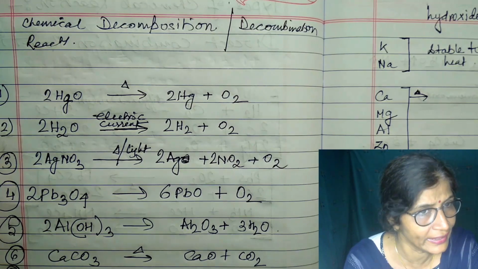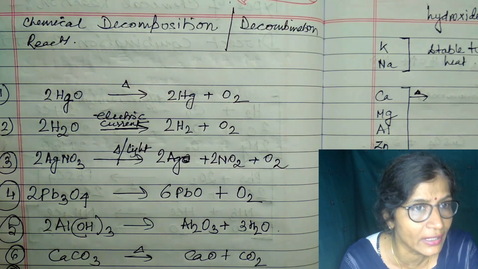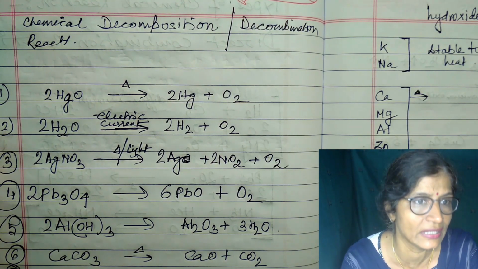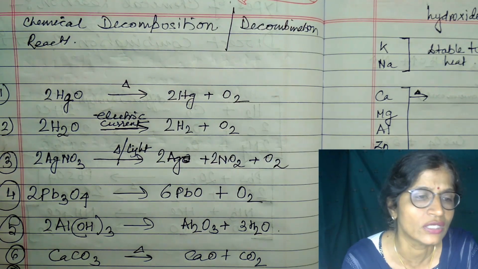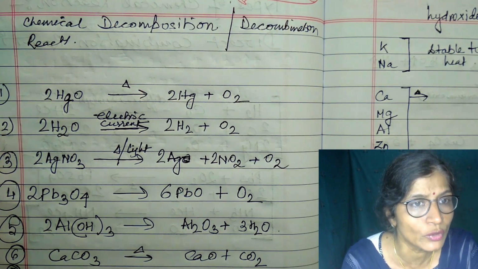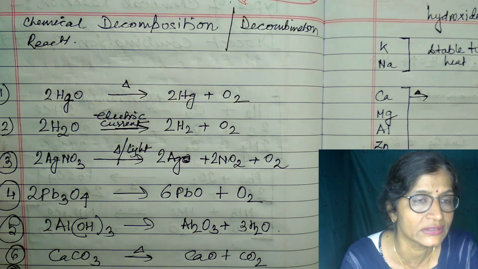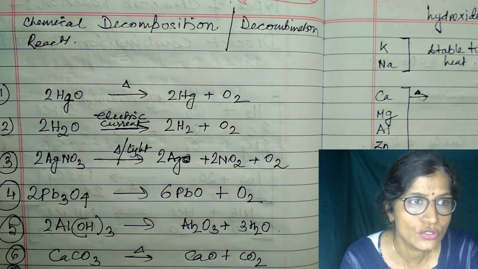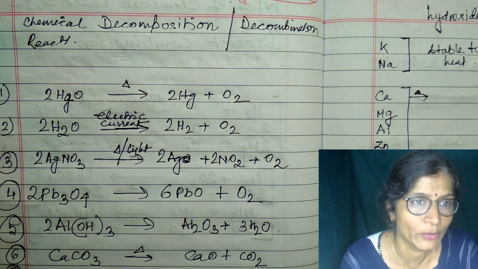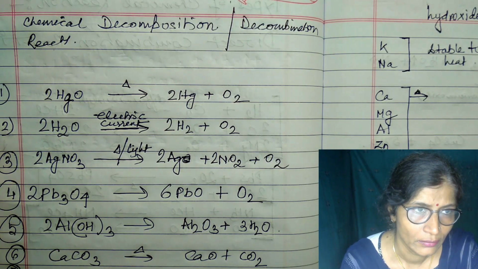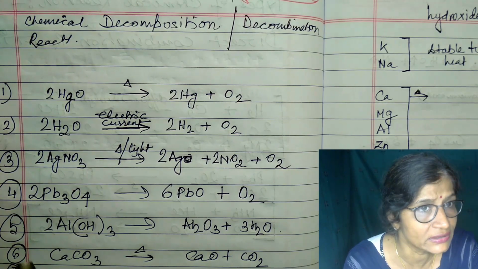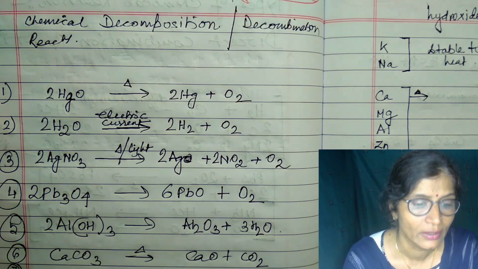There is one reactant, and it will decompose in the presence of heat, light, electricity or some other condition and give two or more products. Then that one is known as chemical decomposition reaction. So here the reactant is one but the products are more than one. That is the chemical decomposition reaction.